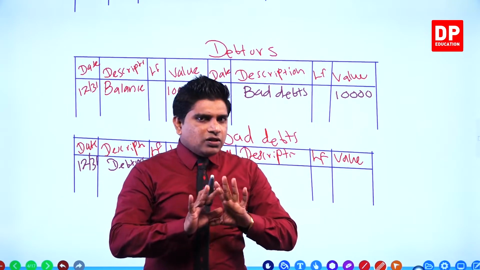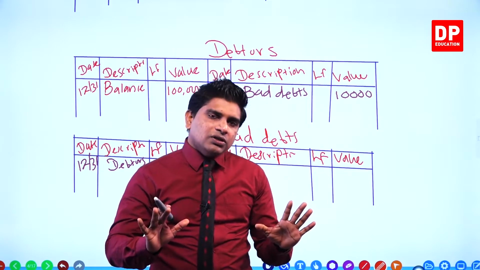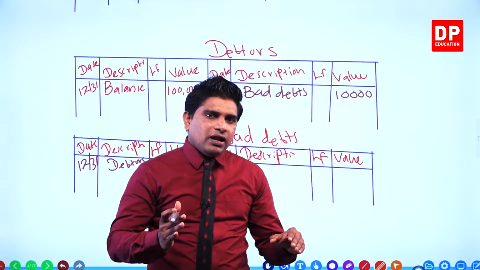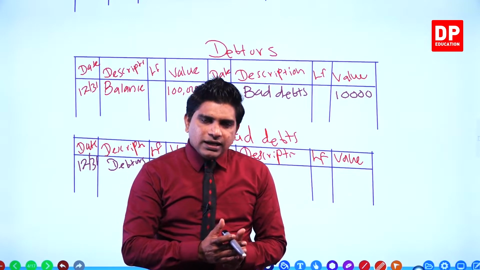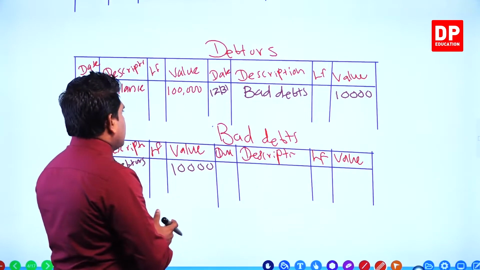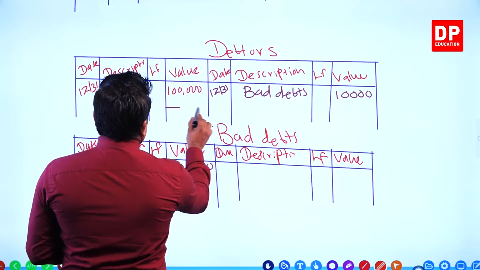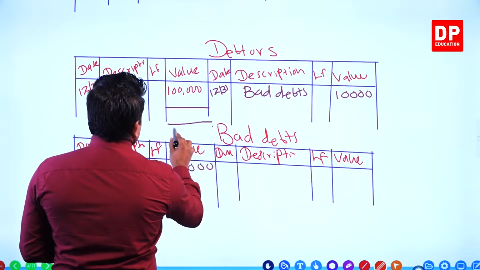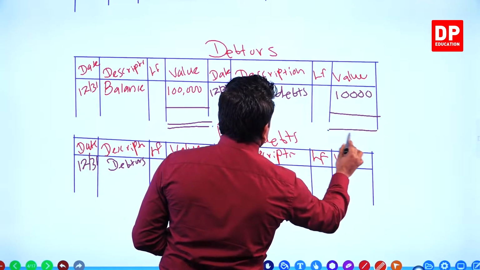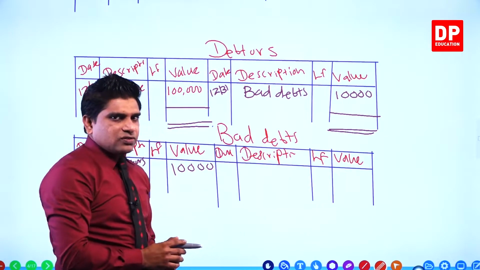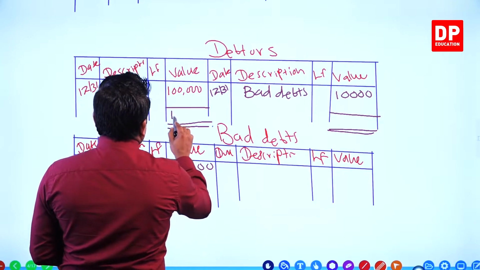Now, finally, what we want to do? After recording all the adjustments in the ledger accounts, we have to balance them and we bring those details to the financial statements. Now, 100,000. Here 10,000, but when we balance off the account, we take the highest value.